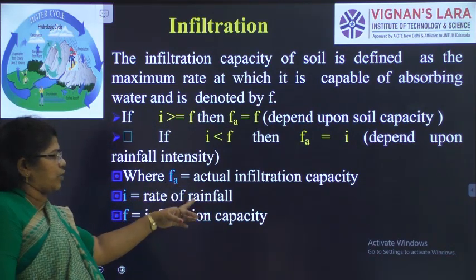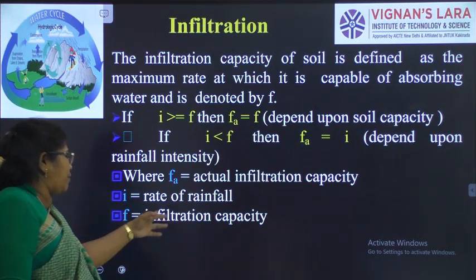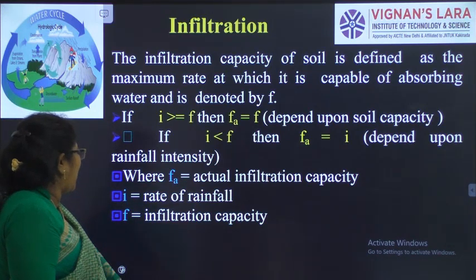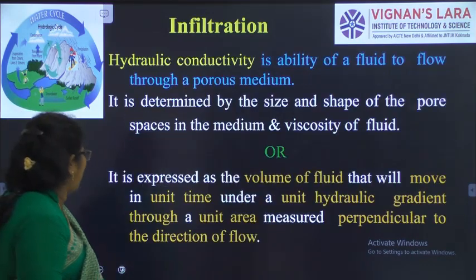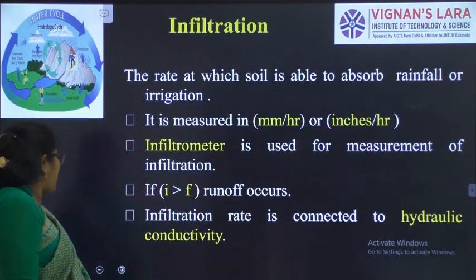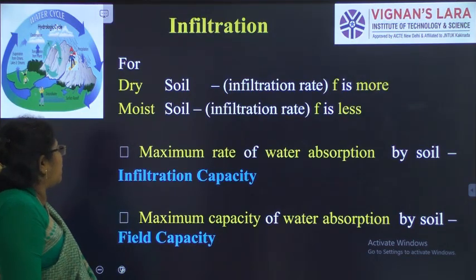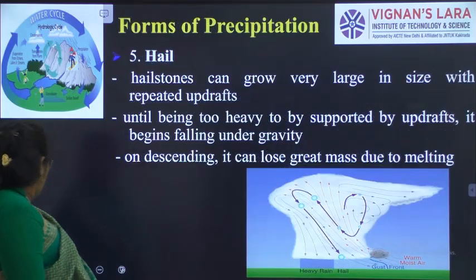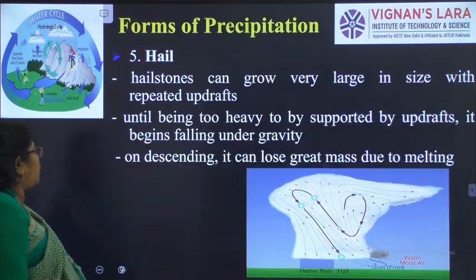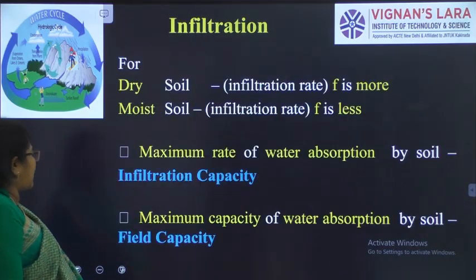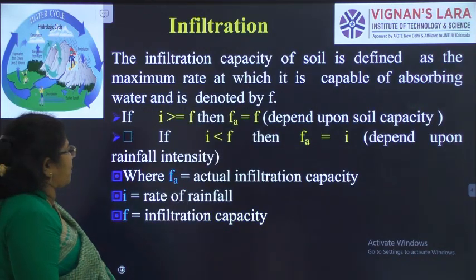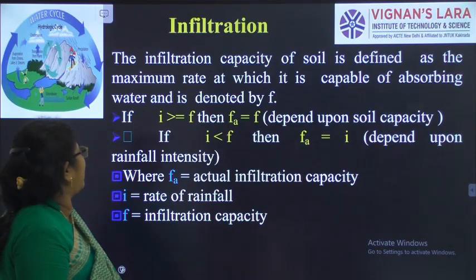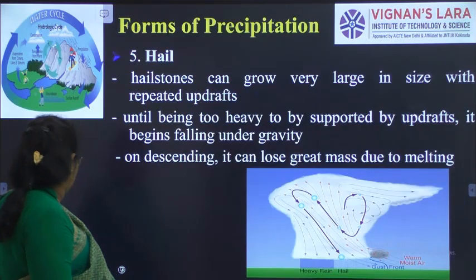So if the rate of rainfall is greater than or equal to F, then it depends upon the soil capacity. If I is less than F, it depends upon the rainfall intensity.